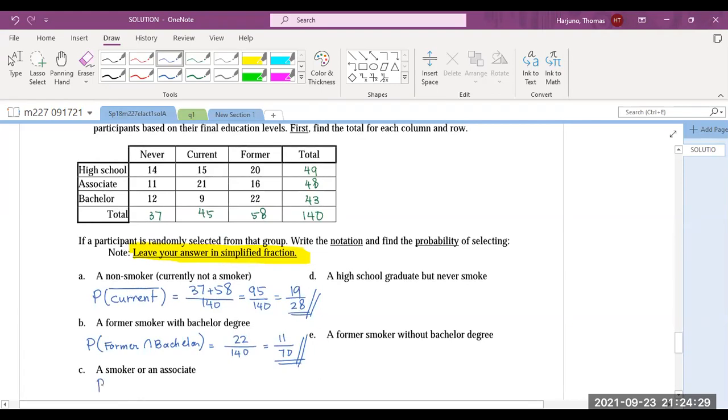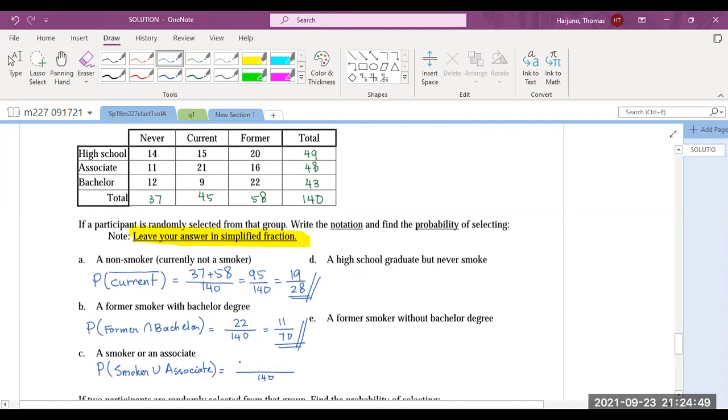Part C, a smoker or associate. How many smokers currently smoking? 45. Okay, plus how many associates? 21.